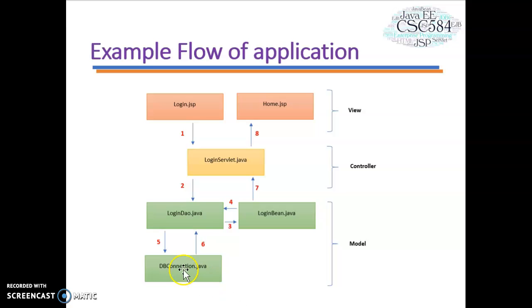So once successfully validated, the login bean will send a response to the login servlet to give access to home.jsp. So this is how the flow of the application framework works for MVC. So you can see here, model consists of login DAO, login bean, DB connection. View consists of login.jsp and home.jsp. Whereas for the controller, you have the login servlet.java.